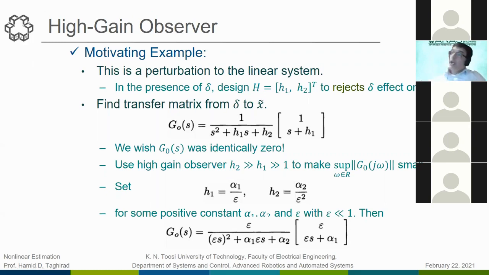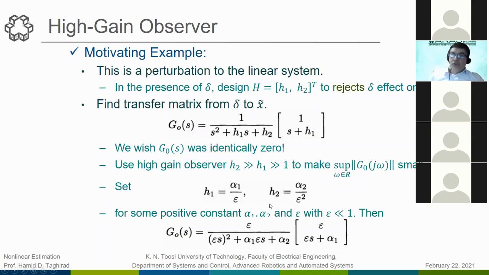But how high a gain? We can show that if we would like to make the infinity norm of G0, the supremum of G0 over all omega, equal to 0 or very small, then we can use a small epsilon, with H1 equal to alpha 1 over epsilon and H2 equal to alpha 2 over epsilon squared.